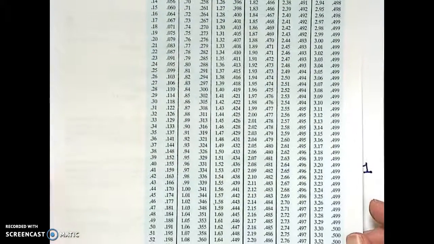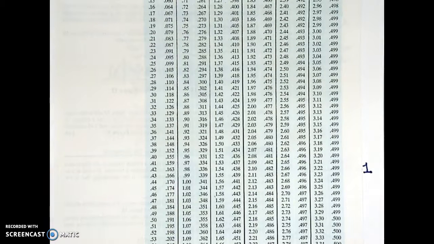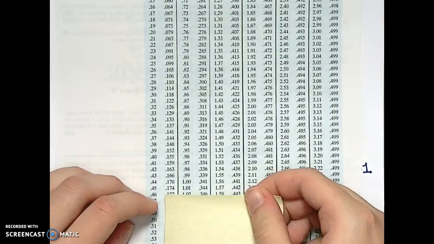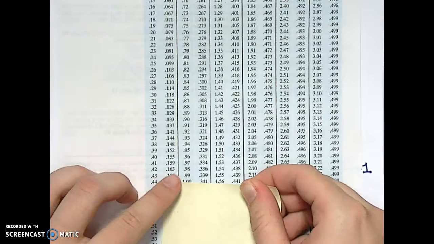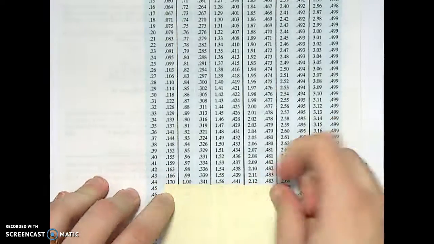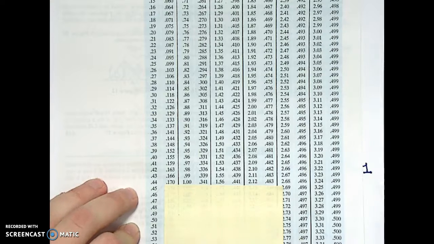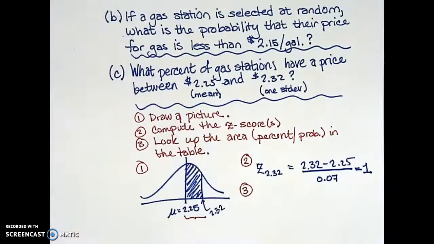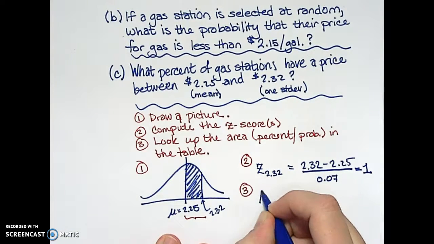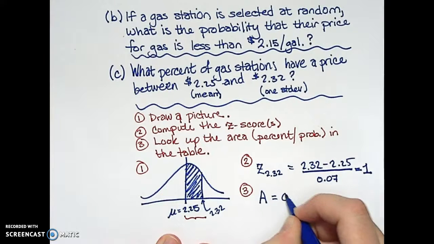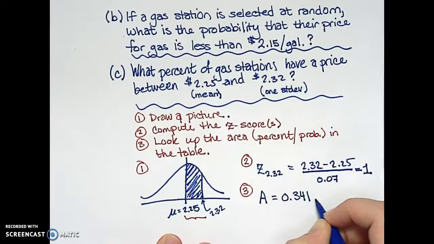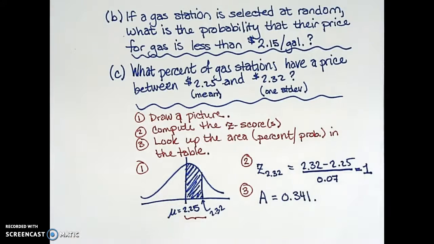So we had a z-score value of 1, so we scan our columns, the left column of the pair, until we find where a z-score of 1 is, right above the post-it note. A z-score of 1 leads to an area of 0.341. Now, what does that area mean?